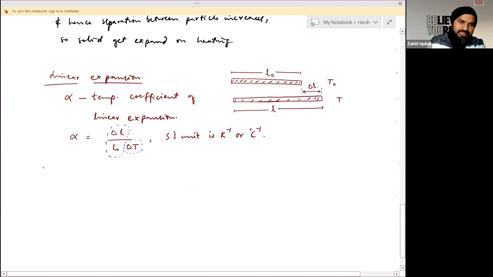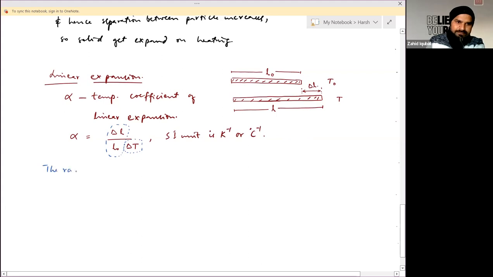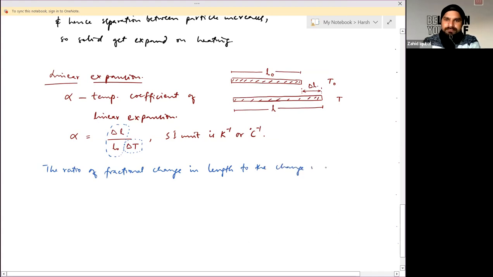We may define alpha as the ratio of fractional change in length to the change in temperature, called alpha or the temperature coefficient of linear expansion.